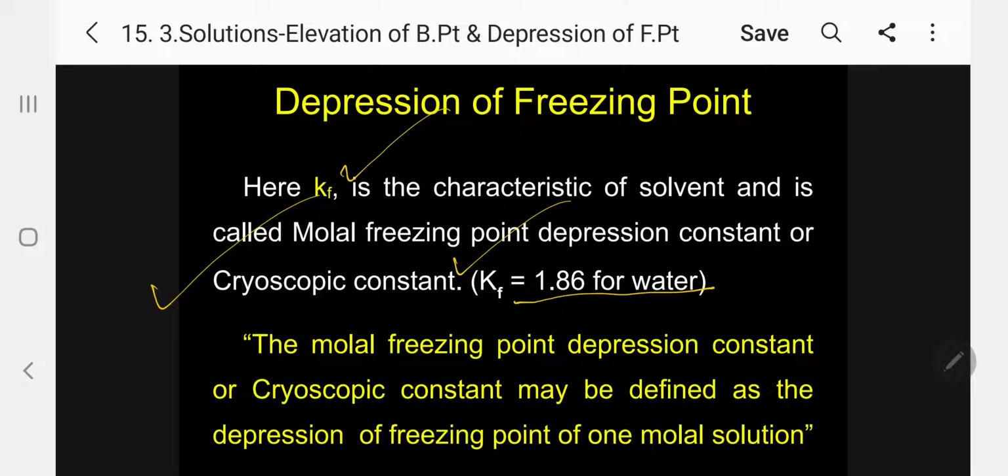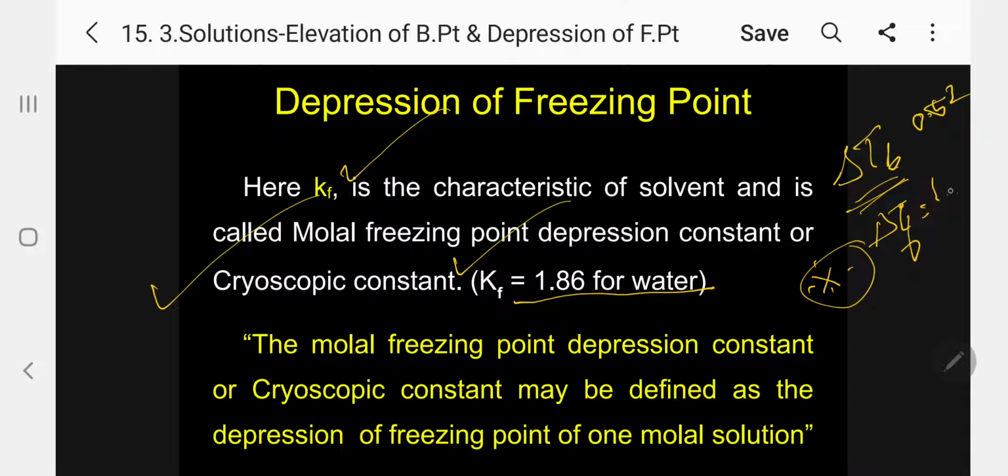Kindly follow. One important piece of information I want to give you, my dear students. For elevation of boiling point, the value for water is low, 0.52. Depression is greater, the value is 1.86.